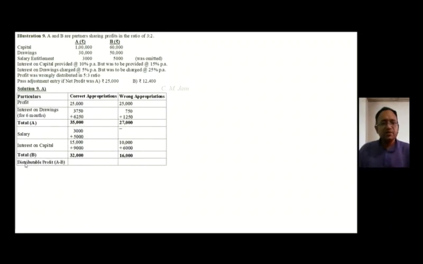Next row, write down distributable profit A minus B. So as per correct appropriations, the profit that should have been distributed was 35,000 minus 32,000. That is 3,000 rupees. As per wrong appropriations, the profit which was wrongly distributed was 27,000 minus 16,000.